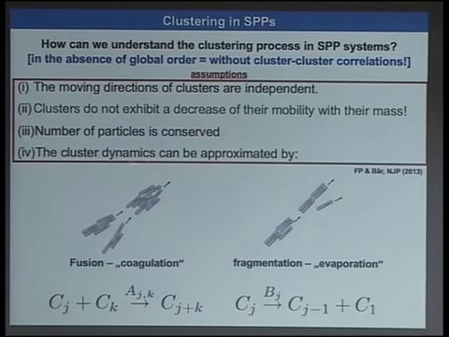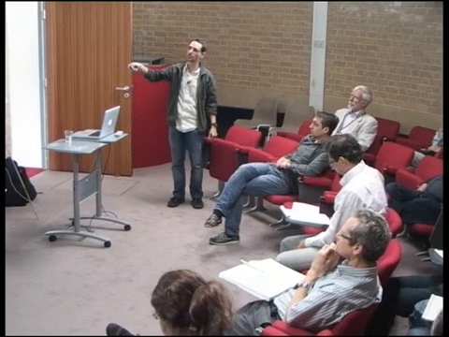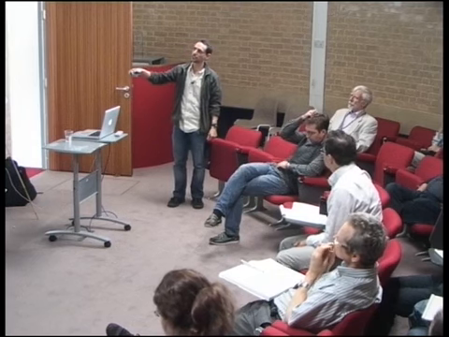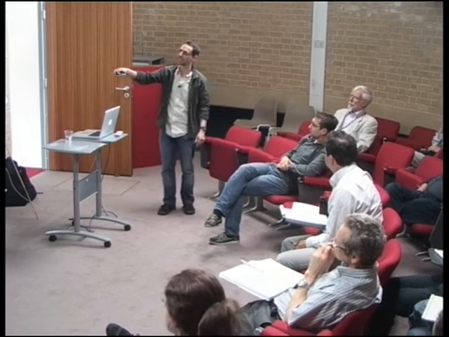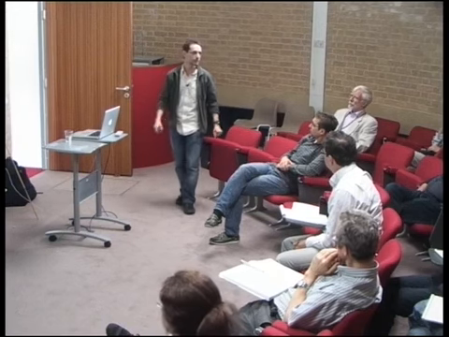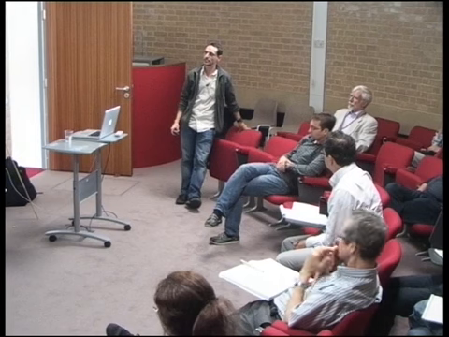The number of particles is conserved, and the cluster dynamics we have approximated as a fusion kind of process, where if two clusters collide, they form a larger cluster, and a kind of fragmentation, which we simplify by assuming a kind of evaporation, meaning that only particles on the boundary are able to escape from the cluster.